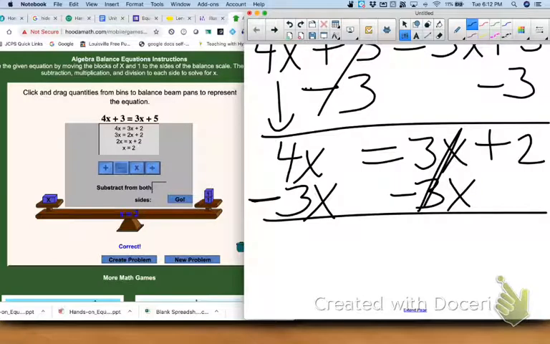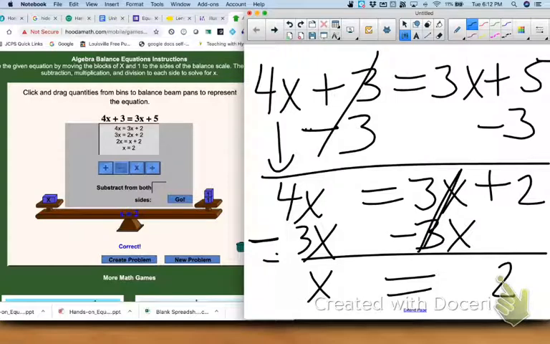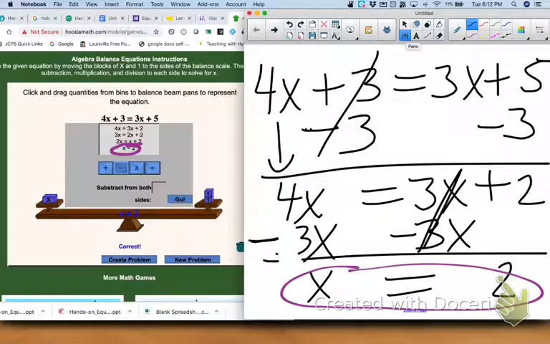That's going to leave me with a 2 that I need to bring down, equals, and then 4x take away 3x is 1x, which is the same thing as just a regular old x. So I can actually just get rid of that. So now I've got my isolated variable. X is equal to 2, and I can tell I did it right. Everything matches, so I know I solved it correctly.